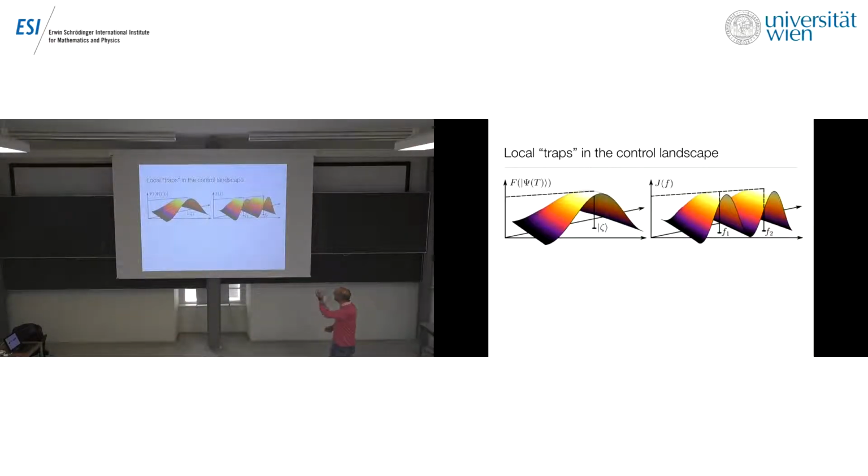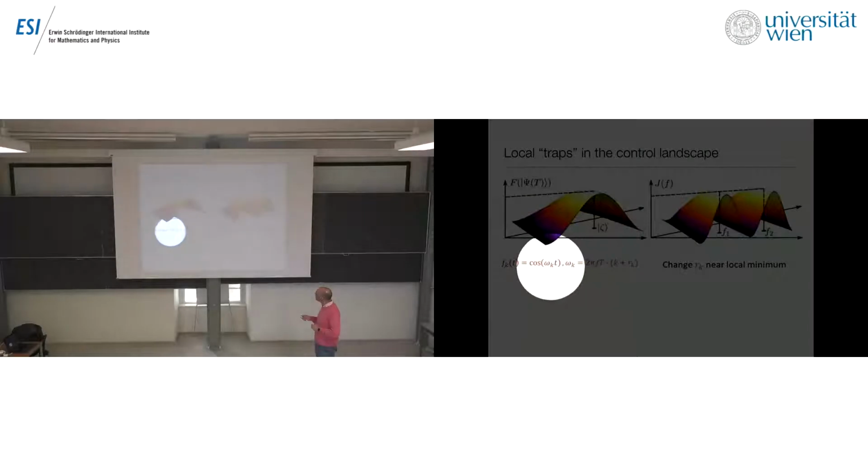Here is an example, just a cartoon if you wish, of more than one possible optimum in a landscape. And then what we do is we exploit this randomized part. I mentioned before that our CRAB pulse means that the frequencies of my Fourier components, for instance, have some random components.